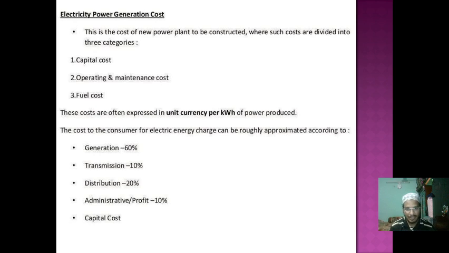Definitely we should include these two. The third and main one is fuel, because in a diesel power plant we use fuel, and in a steam power plant we use water. So the fuel cost will be there. These three things we have to include.